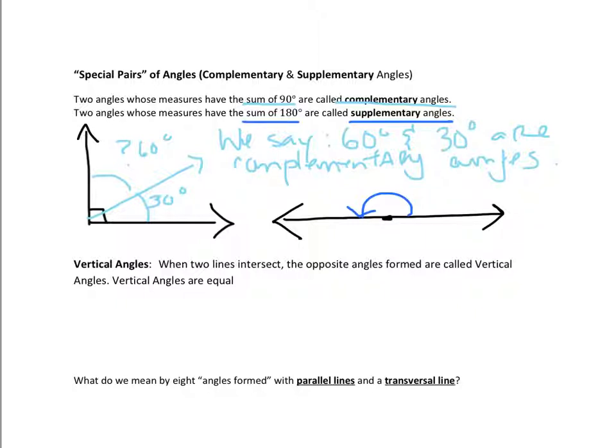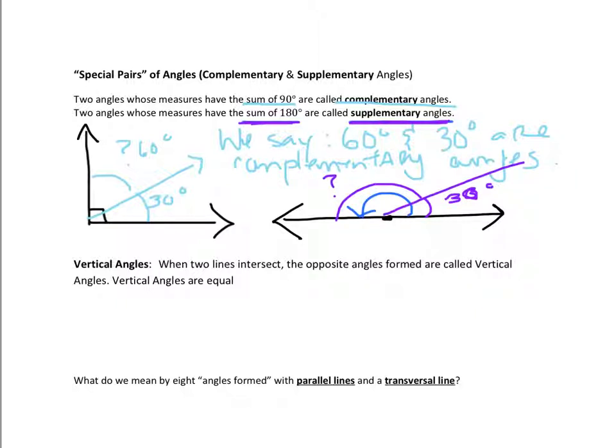And here, if I draw in an angle, let me make this purple so it's consistent. Let's say this angle is 30 degrees again. What if this is 30 degrees? Then what's the measure of this angle?